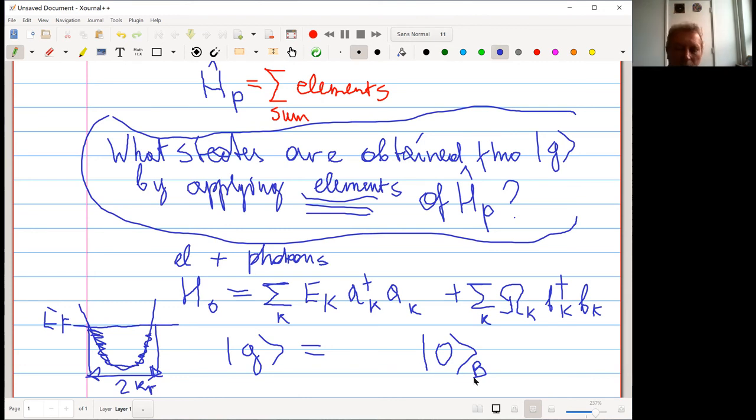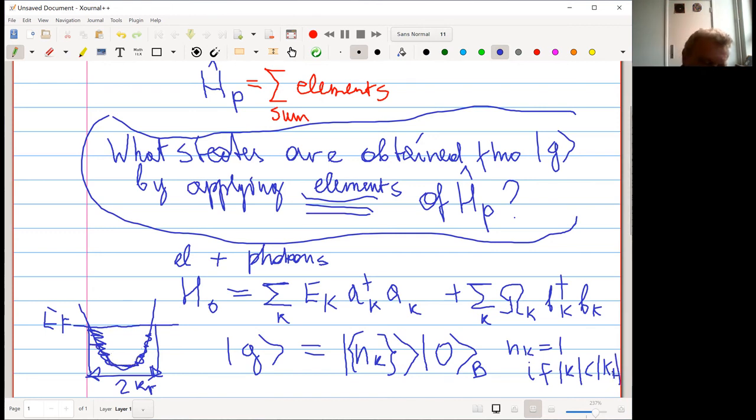And for fermions, we have some set of occupation numbers, where nk is 1 if modulus k is smaller than the Fermi wave vector. All right, so it lies in this window. So that's simple.